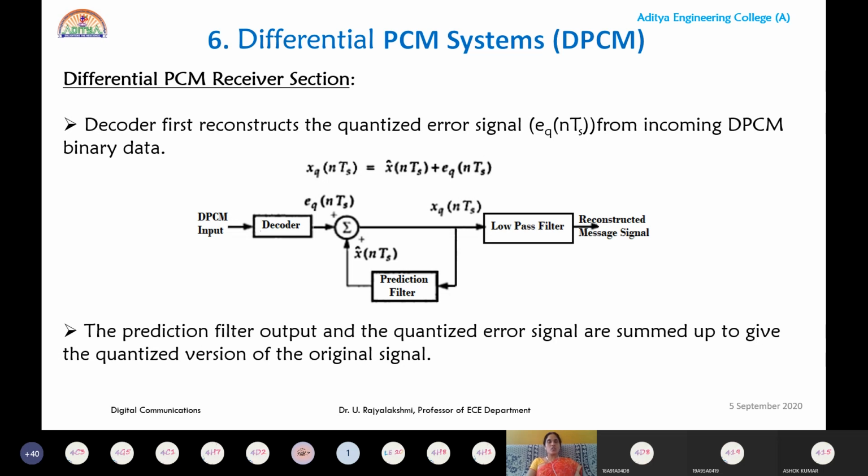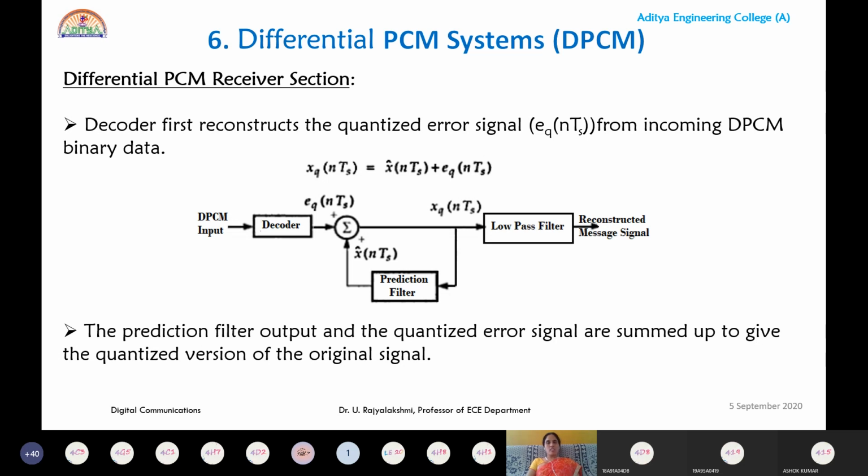We already studied the same equation at the transmitter section. So what is eq of nTs? The quantized error signal is the output of the decoder here, and the past sample value can be obtained from the prediction filter. The sum of these two gives you the quantized version of our original signal.